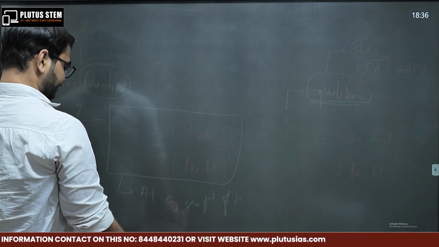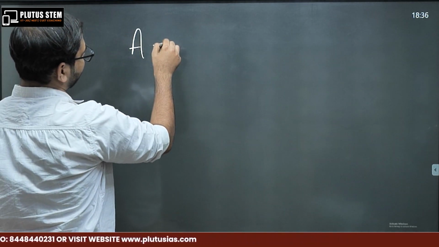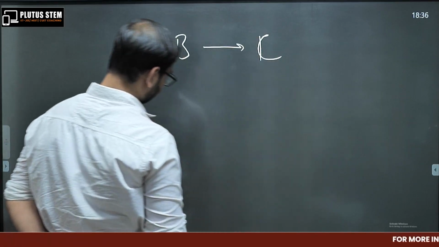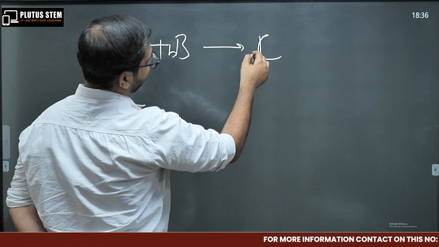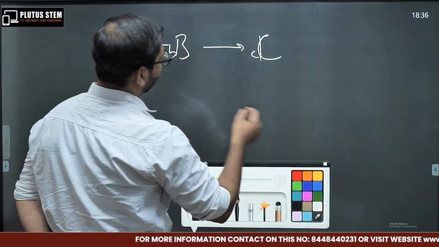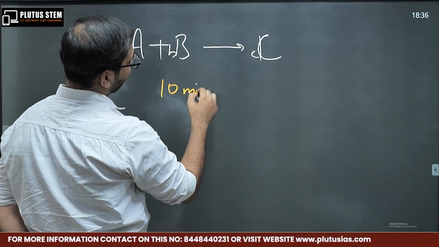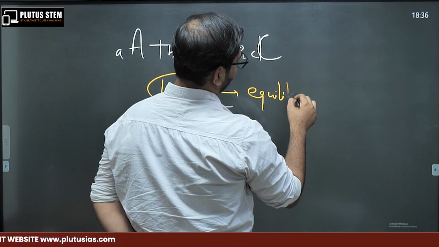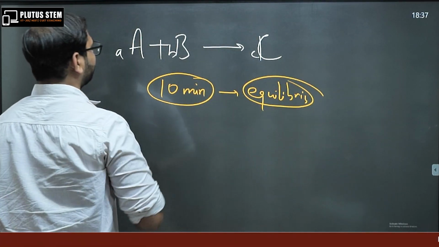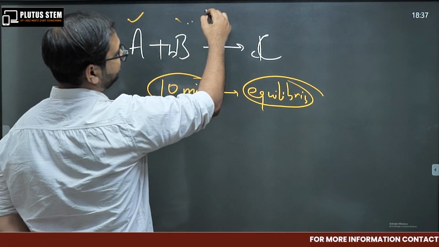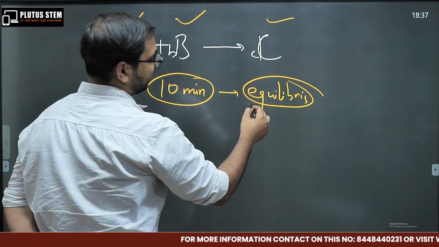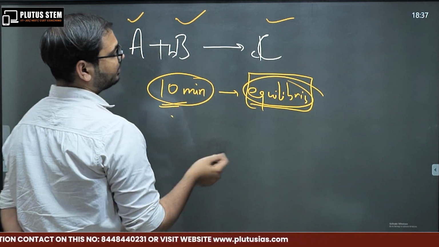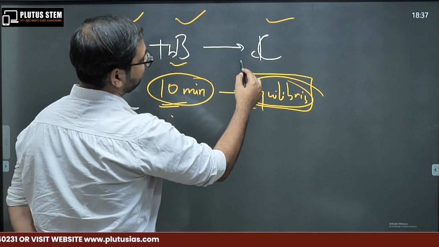So, for example, let's say I have a reaction in which two reactants A and B combine to give me a product C. It has some stoichiometry a, b and c. Now let's say after 10 minutes, this reaction achieves equilibrium. At this point, I can find the equilibrium constant using the concentrations of A, B and C at this time.